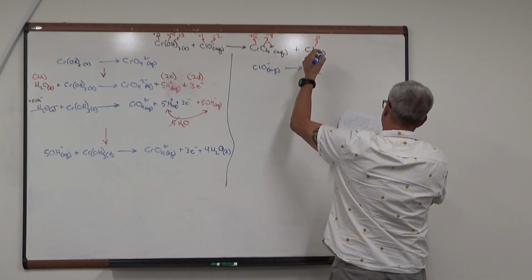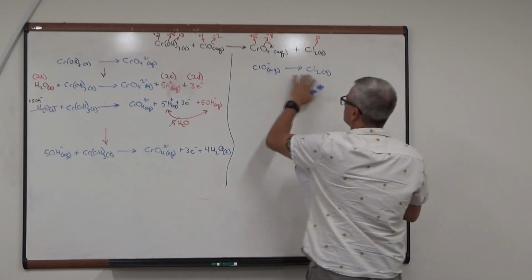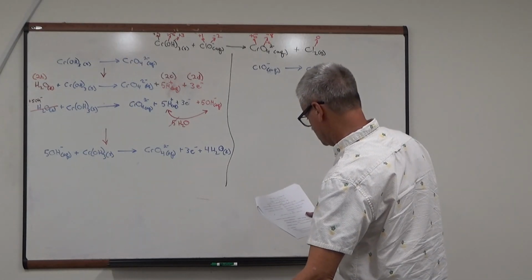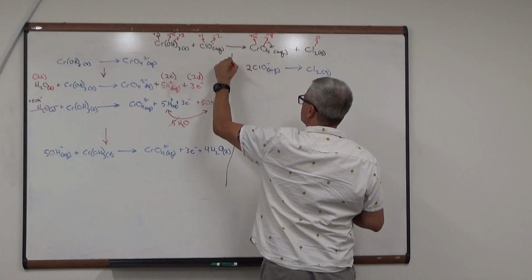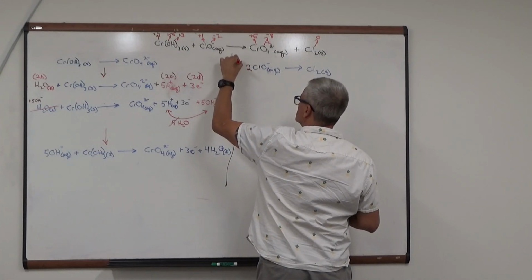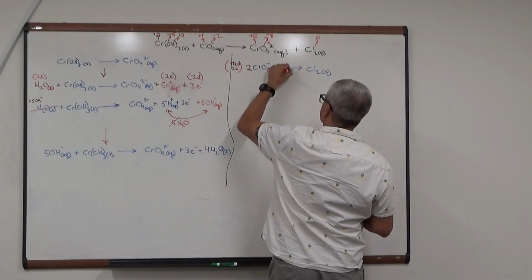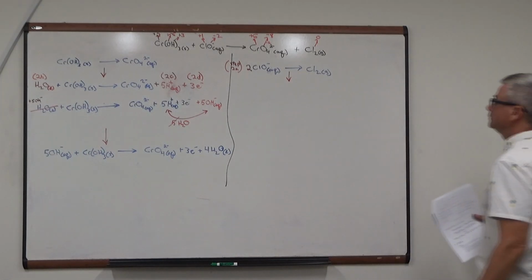Here's where we have to balance, where we do need to do step A. Okay, right, our chlorines aren't balanced. All right, so we're going to make that a 2 there, and that's step 2A. Finally, we got to do it, yay. Okay, now we've got to balance our waters.